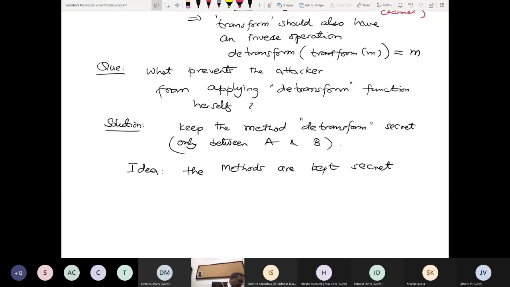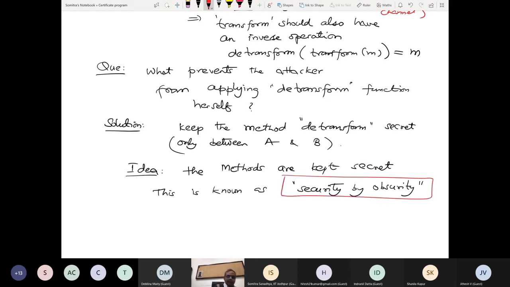First of all, this is known as security by obscurity. This is a very important term which you should know. Security by obscurity means you are obscuring something so that others do not know it. And that's not the right way. So this is not what we want to do.